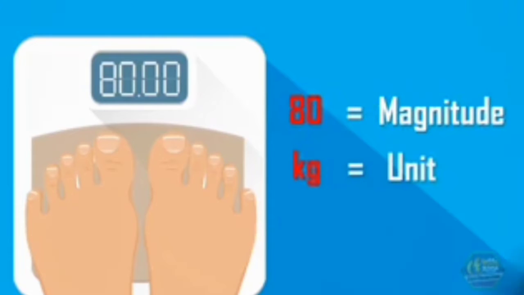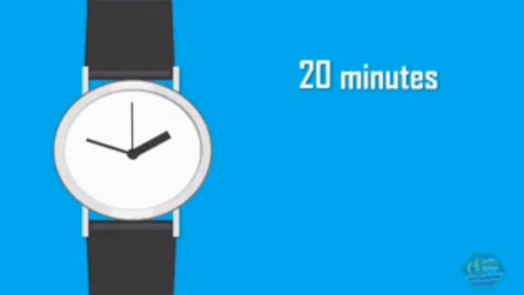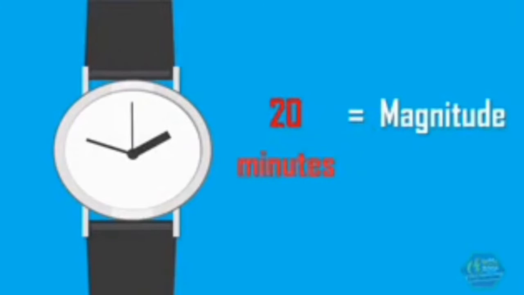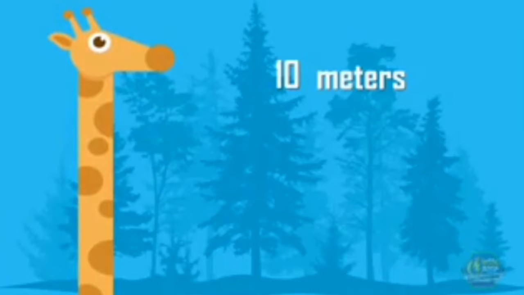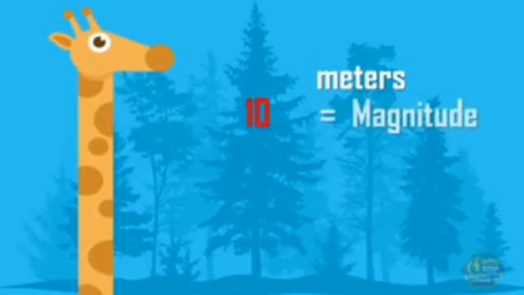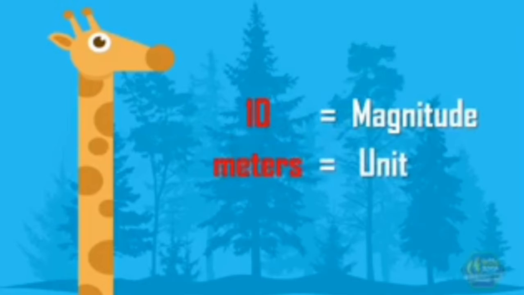The next example was, I am 20 minutes early. Same goes for 20. 20 is the magnitude, and minutes is the unit. And the last example was, that is 10 meters long. So, 10 is the magnitude and meters is the unit.